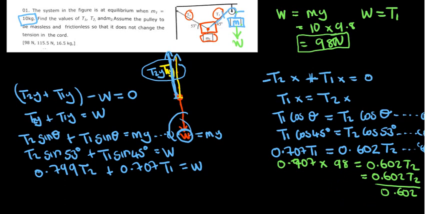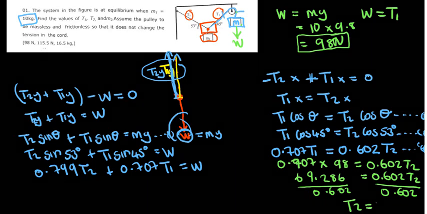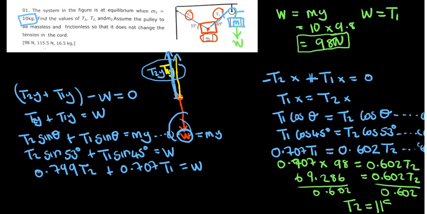So here it was supposed to be 69.286. So we divide by the same 0.602. So our T2 is equal to what? The same value, we divide by 0.602. It's giving 115.09 Newton.